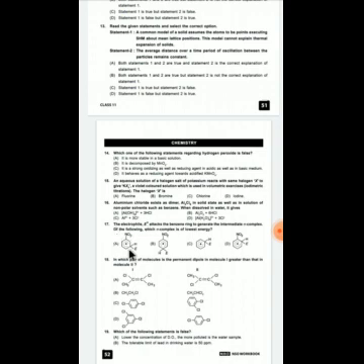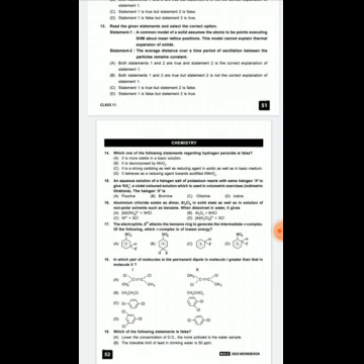Question number 17. The electrophile E+ attacks the benzene ring to generate the intermediate complex, often following. Which complex is of the lowest energy? Option A is given with the benzene's 6 carbon atoms.